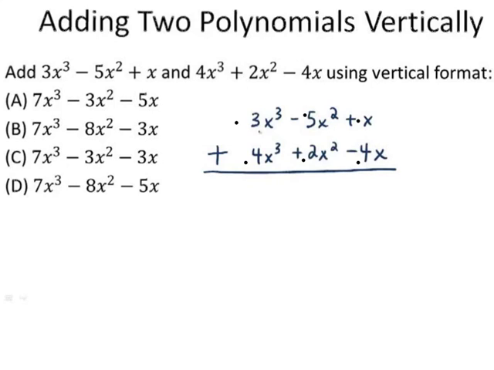And you keep the sign with them. So when I add 3x cubed and 4x cubed, I'm going to get 7x cubed. And negative 5 and positive 2 is negative 3x squared. And negative 4 and positive 1 is negative 3x. So you can see it would be choice C.